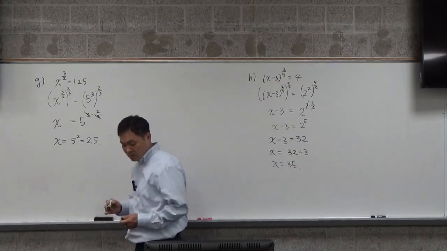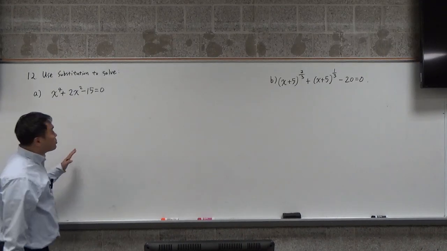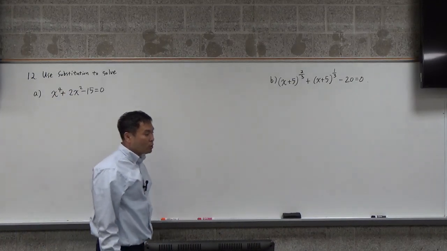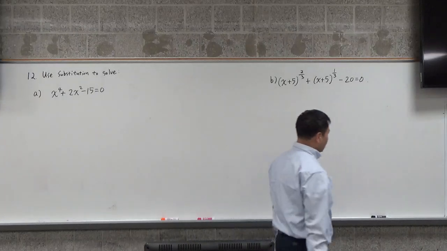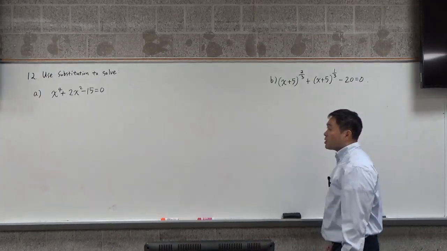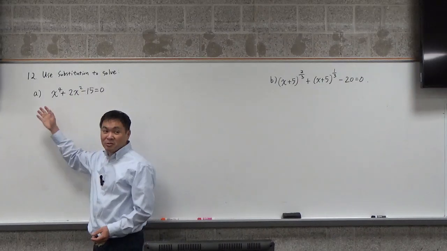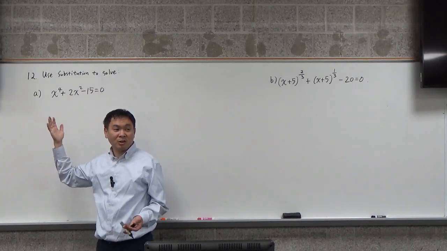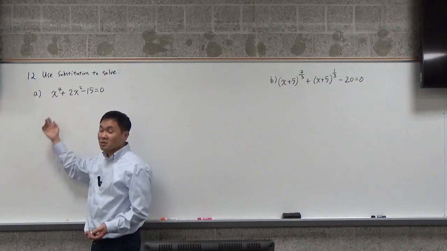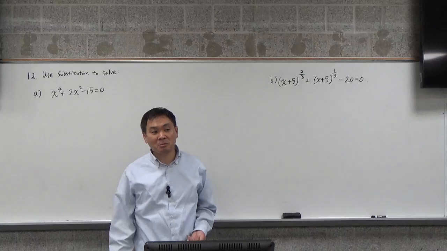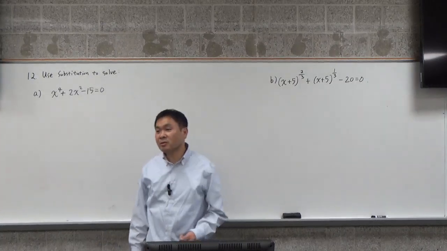That's the answer. Here we have 2 questions where you have to use substitution to solve. And if you look at the questions themselves, you can kind of see right away that you would need to do something unusual, right? Because did we ever learn how to solve an equation with x to the 4th power? Never, we haven't, okay?